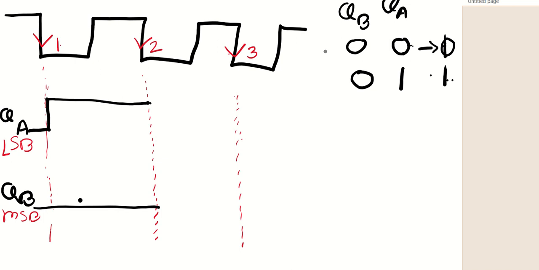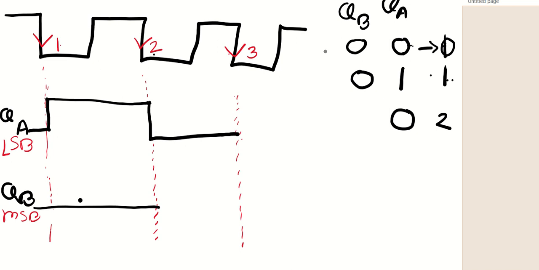Okay. Now for the second clock pulse, again your QA will get toggled. So as it was 1, it will get to 0 and it will remain 0 till the next negative edge clock pulse. Okay. Now here, for the second clock pulse, this will be 0.